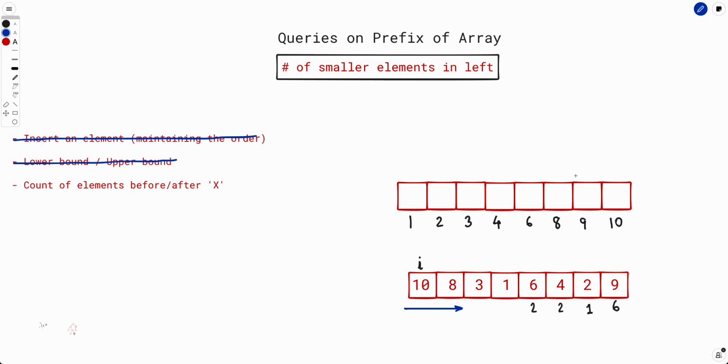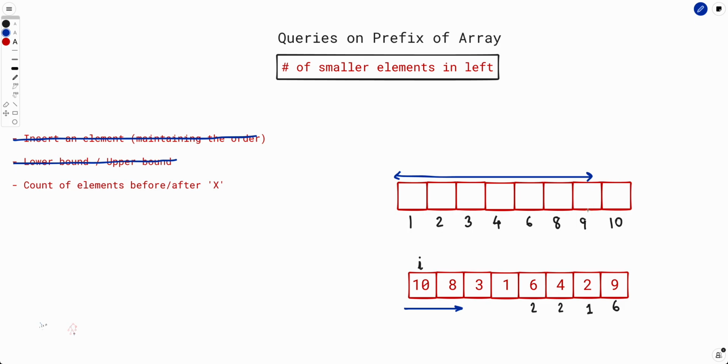So the left of i denotes this particular range, right? Now in this range, how many elements are present in the left? As and when you visit an element, you will mark it as one, otherwise it is zero. So currently everything here is zero.